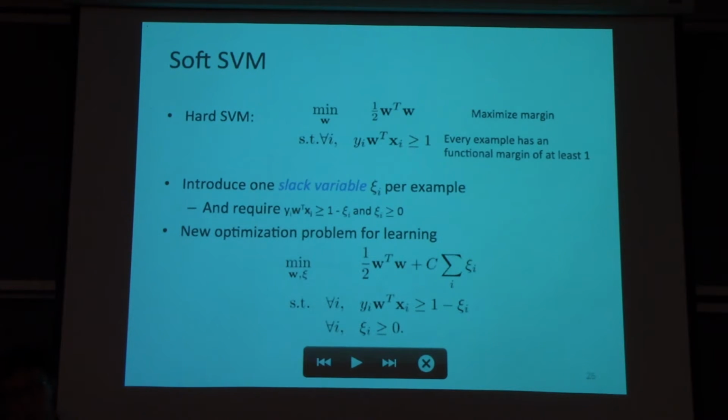Because we don't know which data point is good and which is bad, we allow everyone to have their own penalty if they violate the margin constraint. But then we want to minimize this penalty. We want to minimize the loss. We want to minimize to what extent you break the margin constraint. So does the second term intuitively make sense here? The sum over Xi.